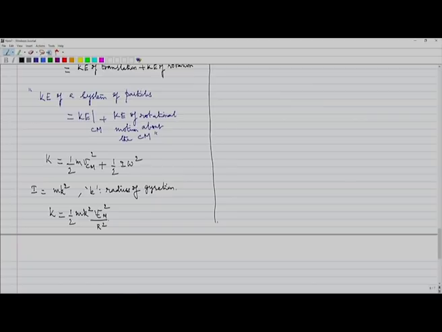That is because v of center of mass is equal to r omega, the condition for rolling. Plus the kinetic energy of translational motion, half m v cm squared.